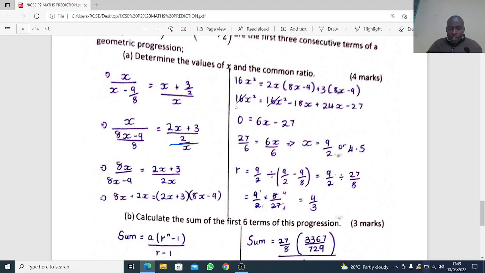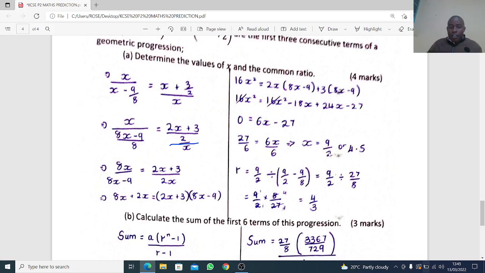So 16x squared and 16x squared cancel. We remain with negative 18x plus 24x, which gives you 6x minus 27 equals 0. So if we bring 27 to the other side, 6x equals 27. If we divide by 6 on both sides, x equals 2.